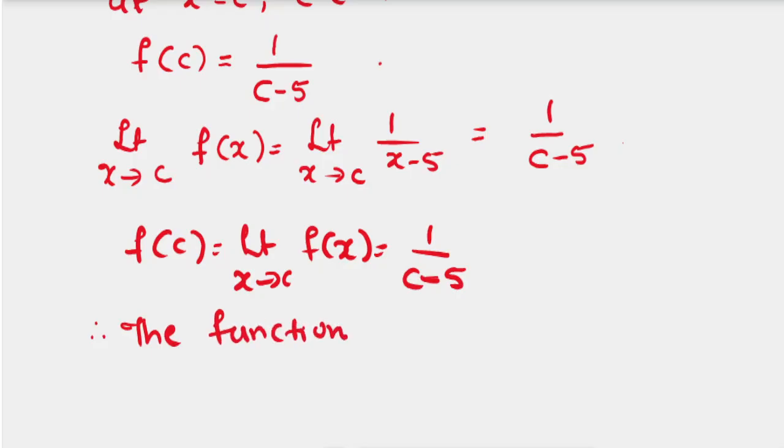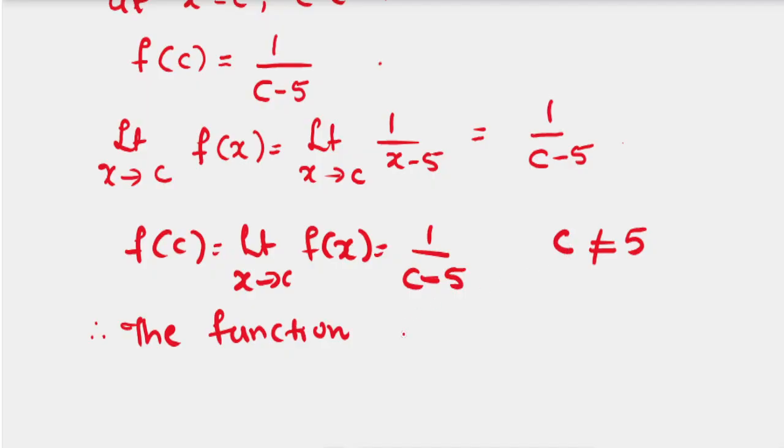Now since they are both equal, we can say that the function is continuous for all real numbers. But there is one condition: in the denominator, c cannot be equal to 5, because if c becomes 5, 5 minus 5 becomes 0, and 1 by 0 is not defined.